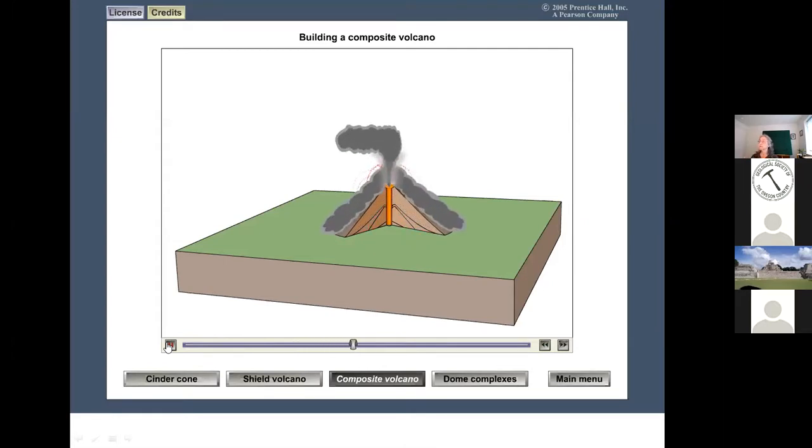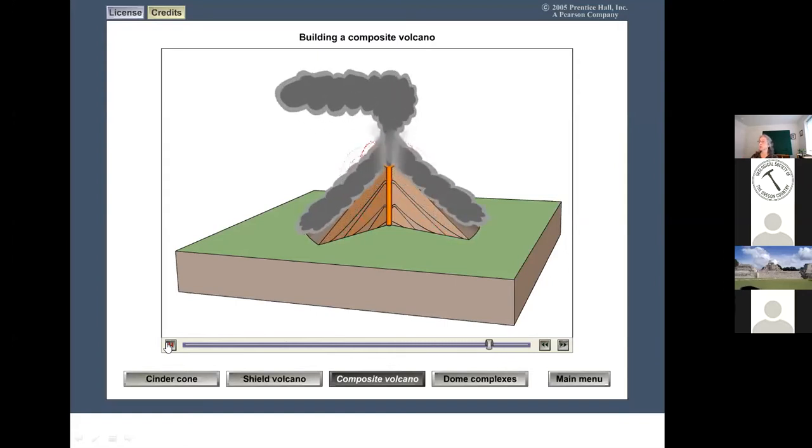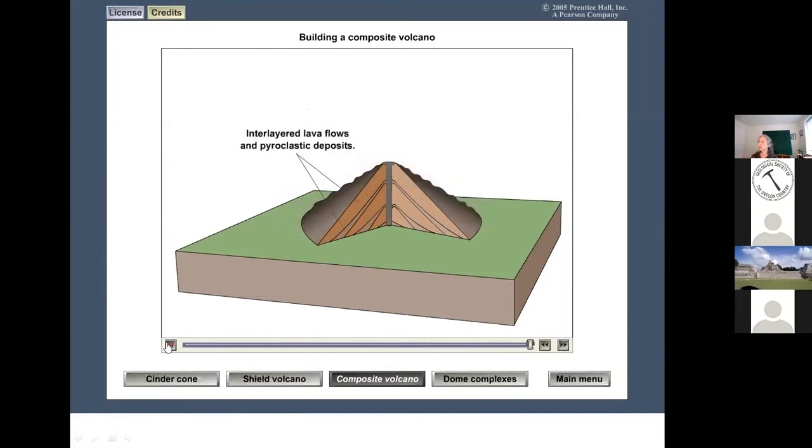Tephra and lava. So these volcanoes are called composite volcanoes because they're made of layers, or sometimes they're called stratovolcanoes, made of layers of different kinds of deposit. And that makes that beautiful cone shape that you recognize. Most people recognize that as a volcano.